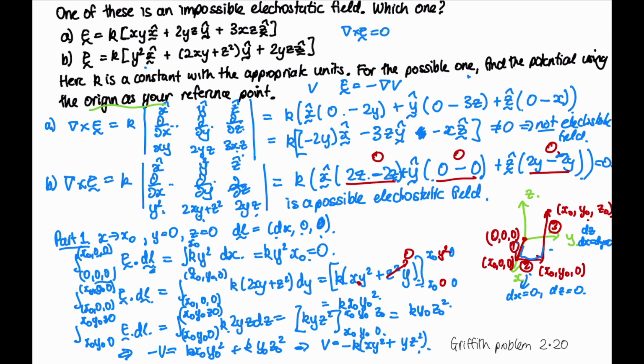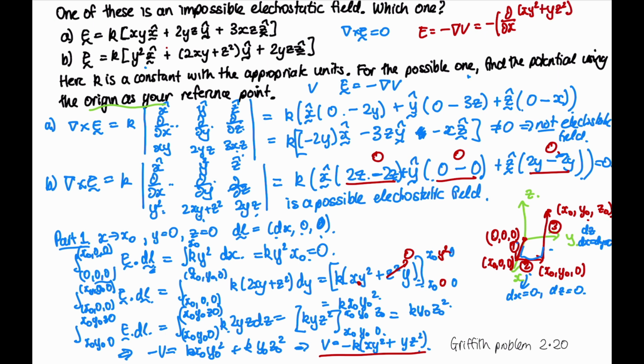What we'll want to do is differentiate V, because remember that E is equal to minus grad V. Let's work out what minus grad V is and check that we get this expression for E back. So this is equal to minus d dx of xy squared plus yz squared.